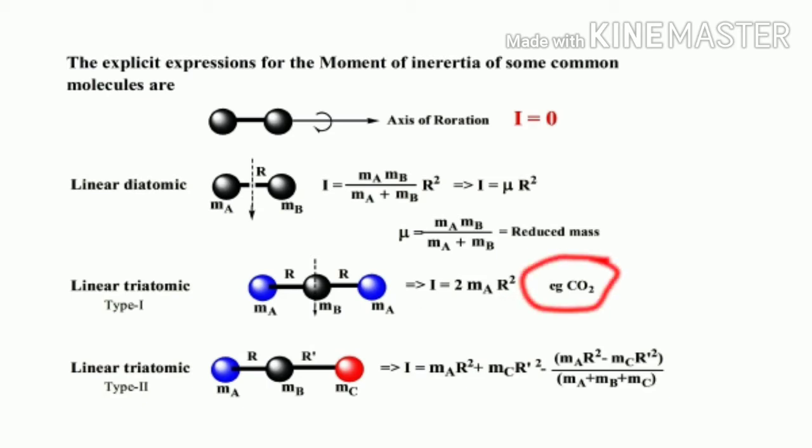Examples of such molecule is carbon dioxide. But in case of a type 2 linear triatomic molecule, where all the three atoms are different, the moment of inertia is given by this expression, which is a bit complex. For non-linear molecules, the explicit expressions for moment of inertia will be different depending upon the axis of rotation that passes through the molecule.